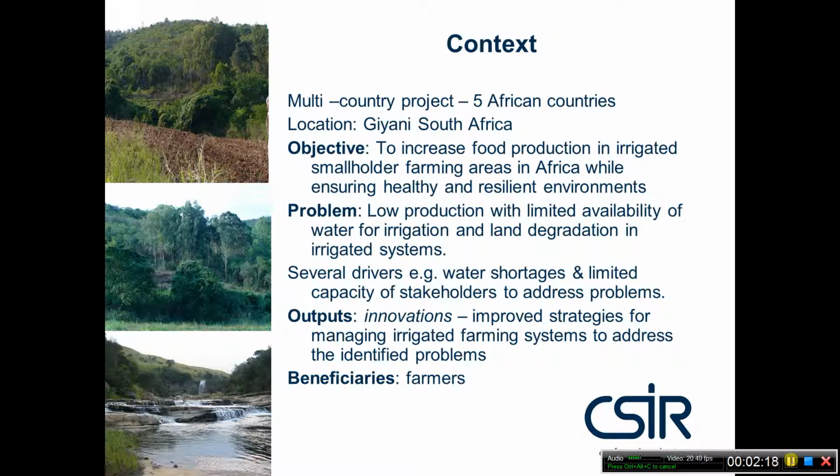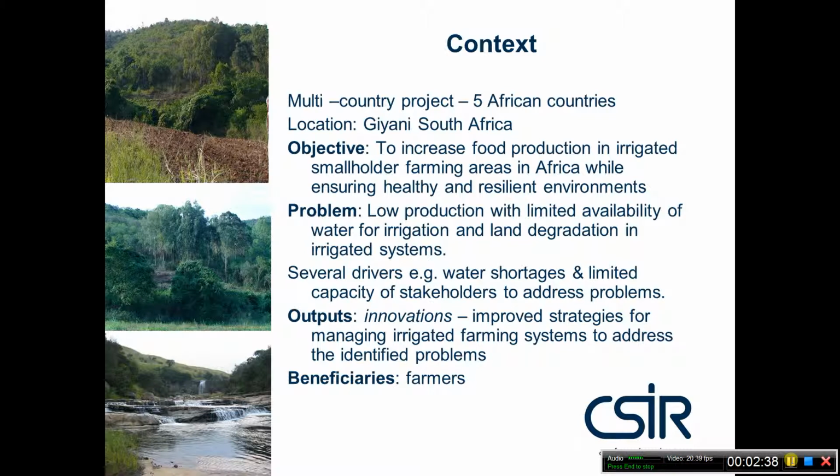The problem that the project is trying to address is low agricultural production, and in the particular context of South Africa, the problem is limited availability of water for irrigation, and there's also land degradation, and this manifests as low soil fertility and soil erosion.